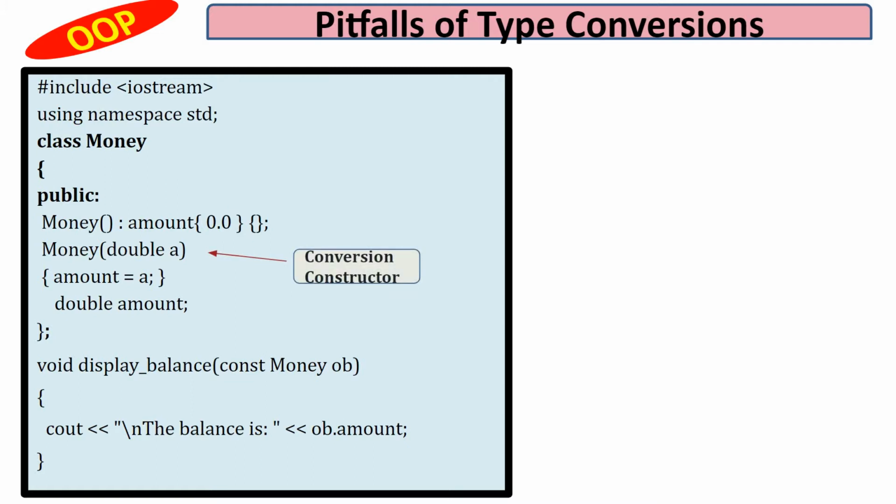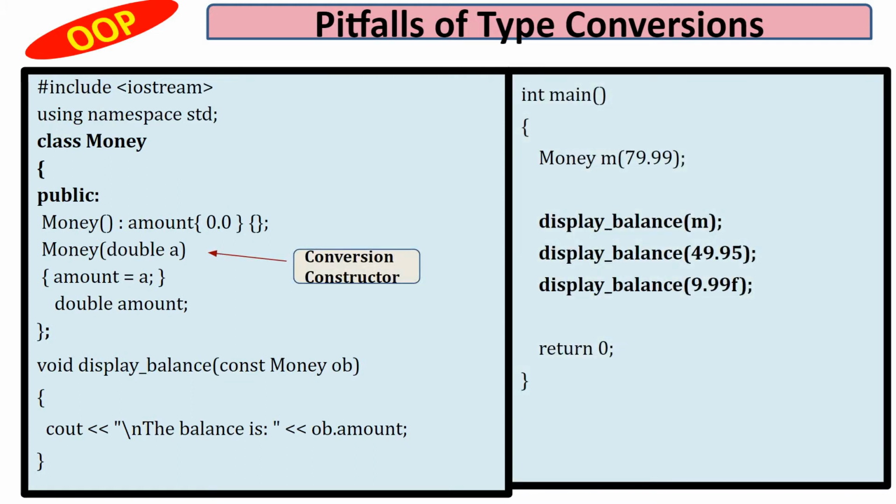Now in the main function, you have created an object of Money class m, where you are passing the parameter 79.99 which goes to double a and accordingly to amount.